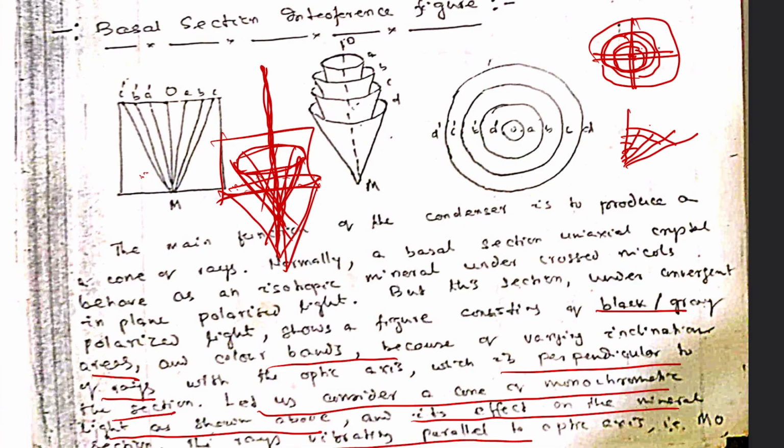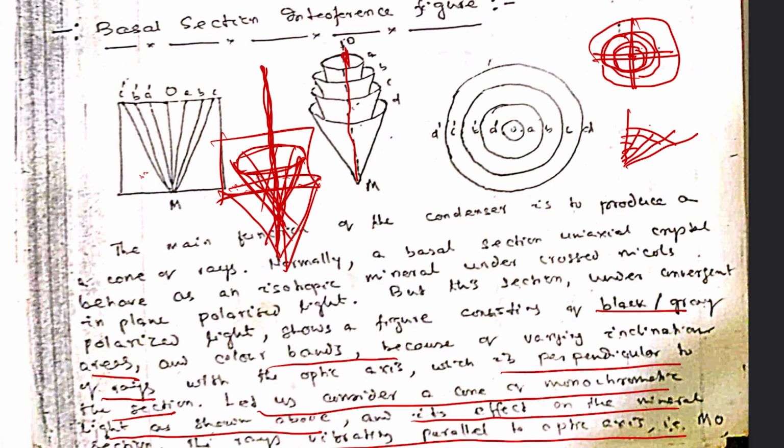The rays vibrating parallel to the optic axis, that is MO, this is MO, running parallel to the C axis, and that's why in the analyzer this ray is cut off, producing a dark center. So the MO line will be cut off in the analyzer because it is running parallel to the optic axis.